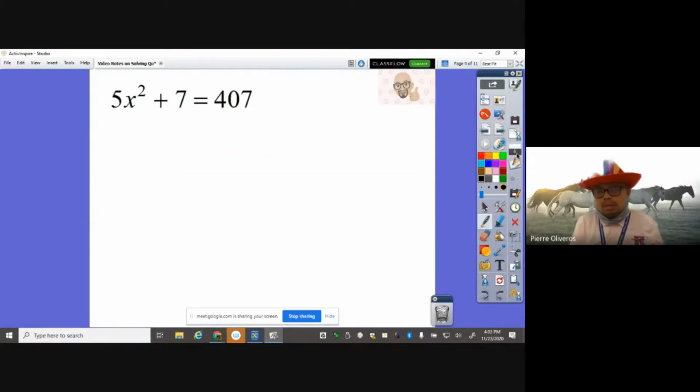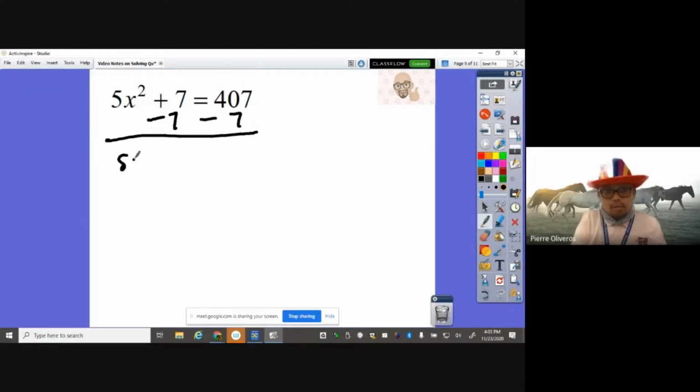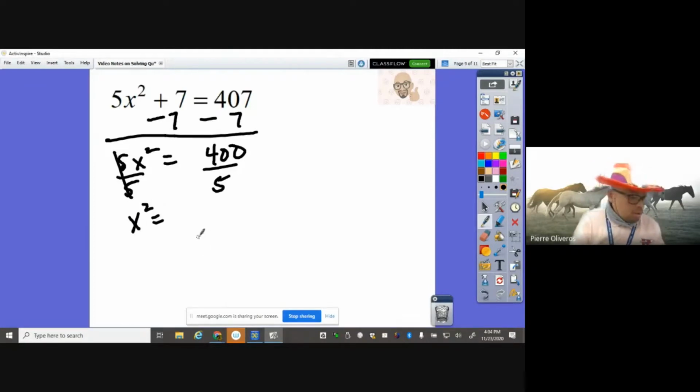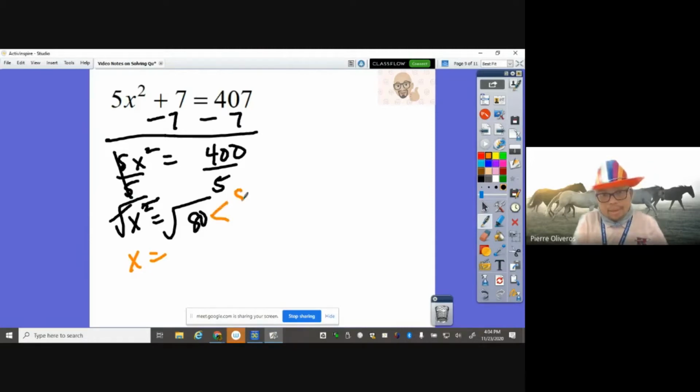5x squared plus 7 is equal to 407. So again, we've got to subtract 7 there. 5x squared is equal to 400. Divide by 5, divide by 5, cross it out. x squared is equal to, what's 400 divided by 5? It's going to be 80. Take the square root of that one and cancel it out. What is the square root of 80? We can use 8 and 10. Break down the 8 to 4 and 2, the 4 is 2 and 2, and break down the 10 to 2 and 5.